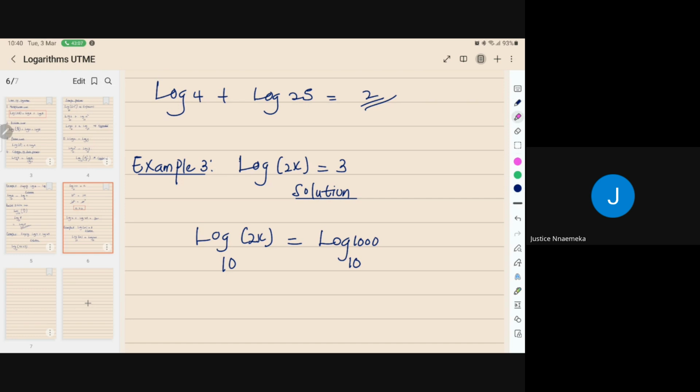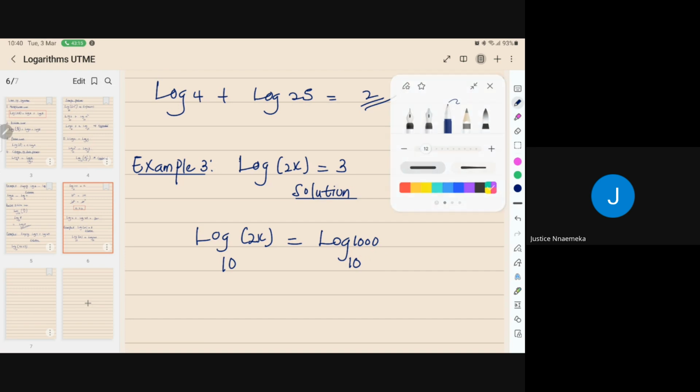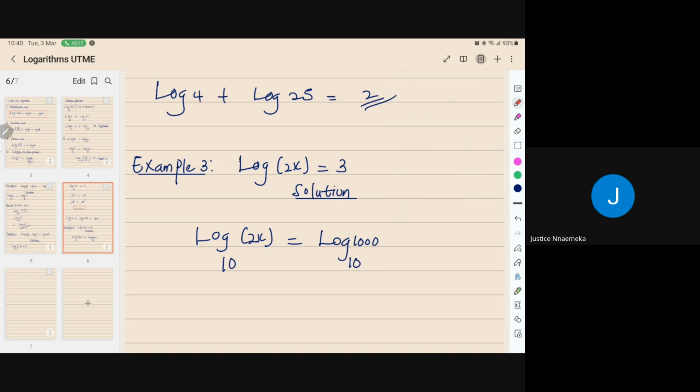Yes, because 10 raised to the power 3 will give me 1000. So log 10 of 1000 will give me 3. So I have not changed anything. So it's still the same thing that I'm doing. So therefore, with that now, I can cancel. So assuming they didn't give me the value, right? So look at what I said.